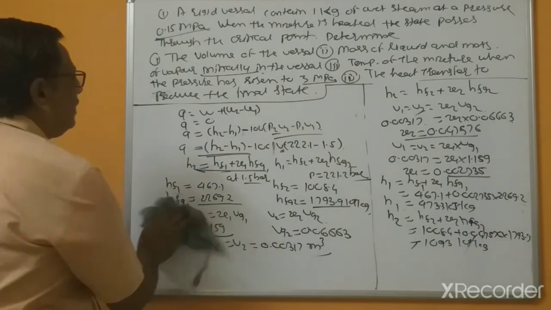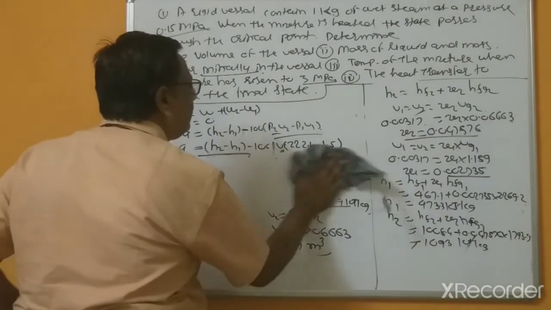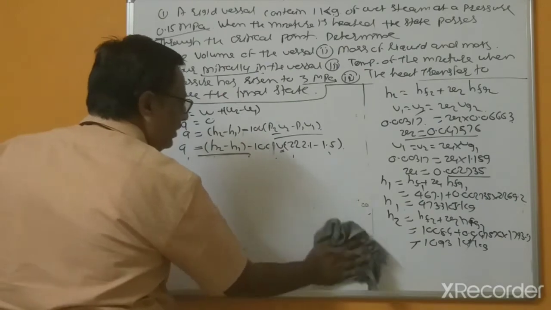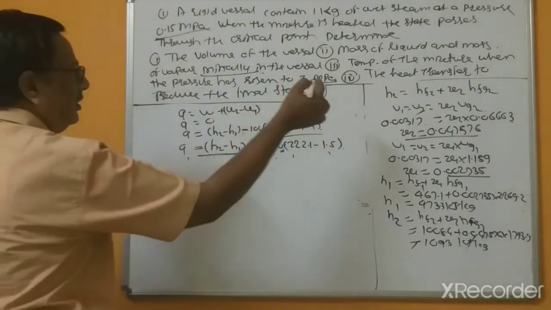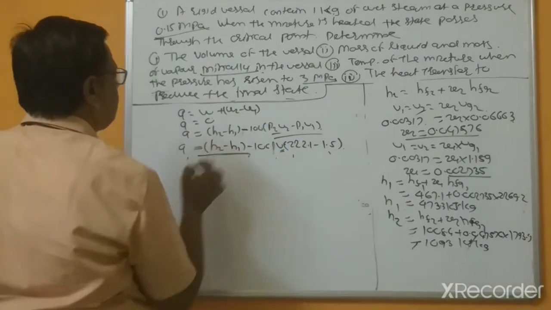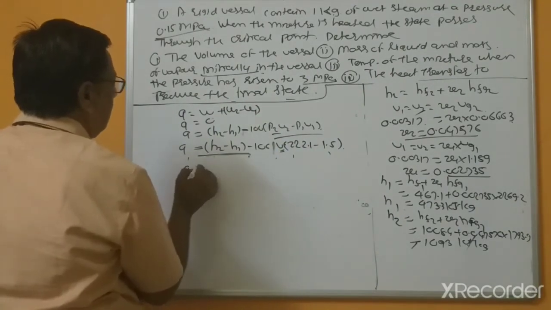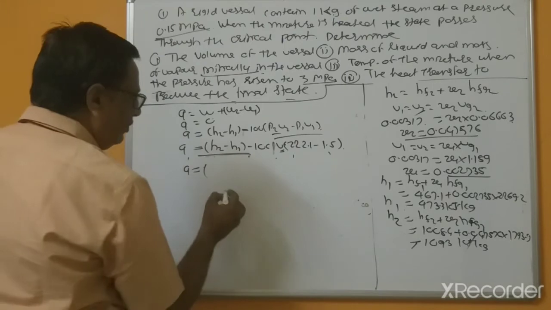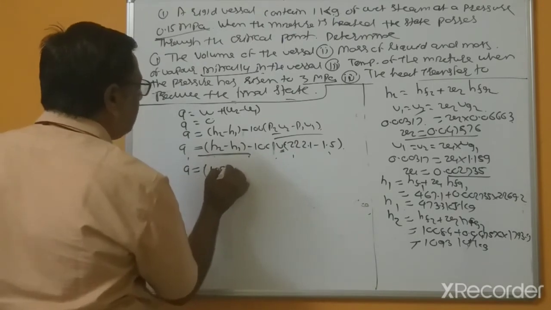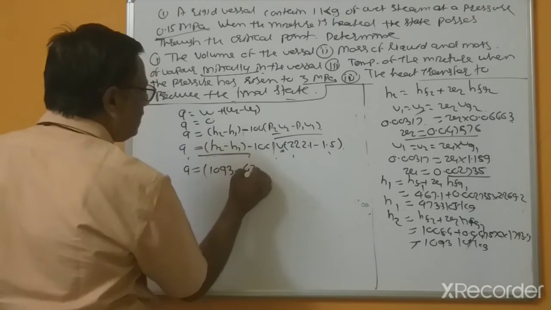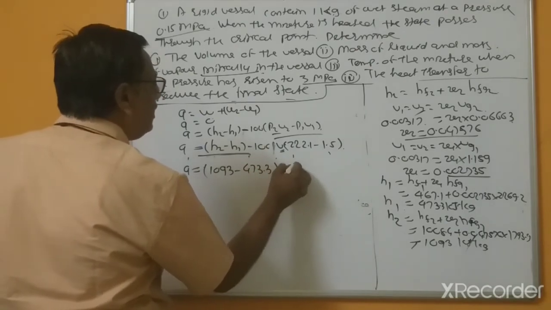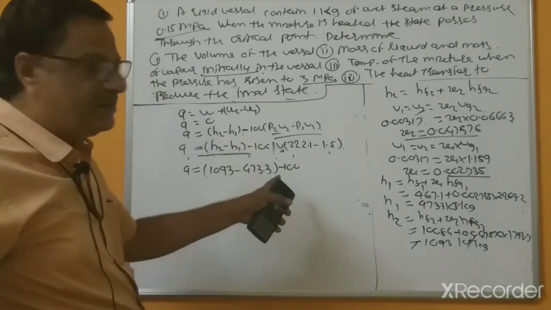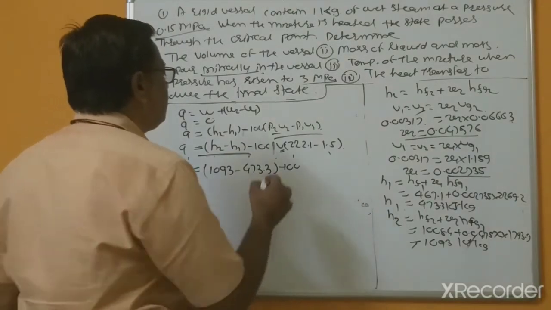So can I erase this, because we are calculating Q equal to heat transfer to produce the final state. So Q equal to H2 minus H1, 1093 minus 473.3, and this 100 is for conversion to kilopascals.